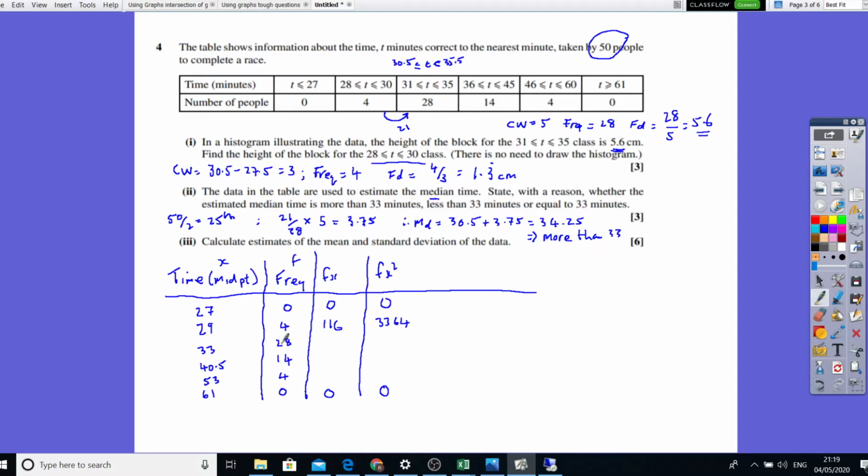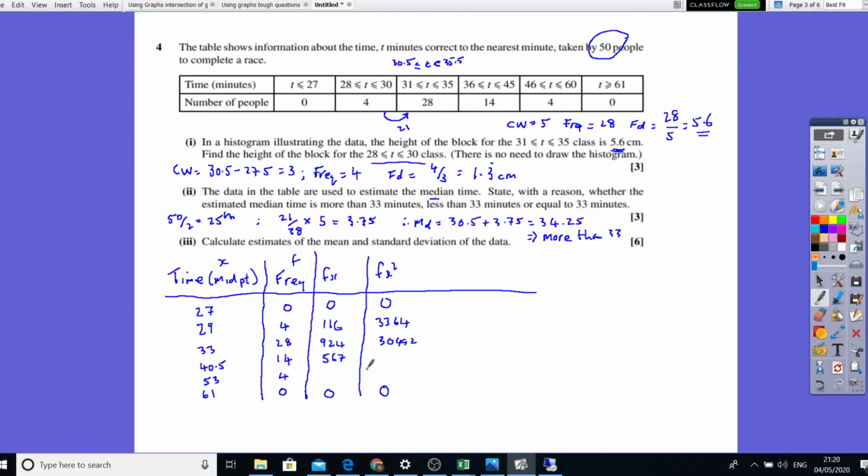Likewise here, if I do 33 times 28, I'm going to get 924. And if I do 33 squared multiplied by 28, I'm going to get 30492. Now if I do 40.5 times 14, I'm going to get 567.